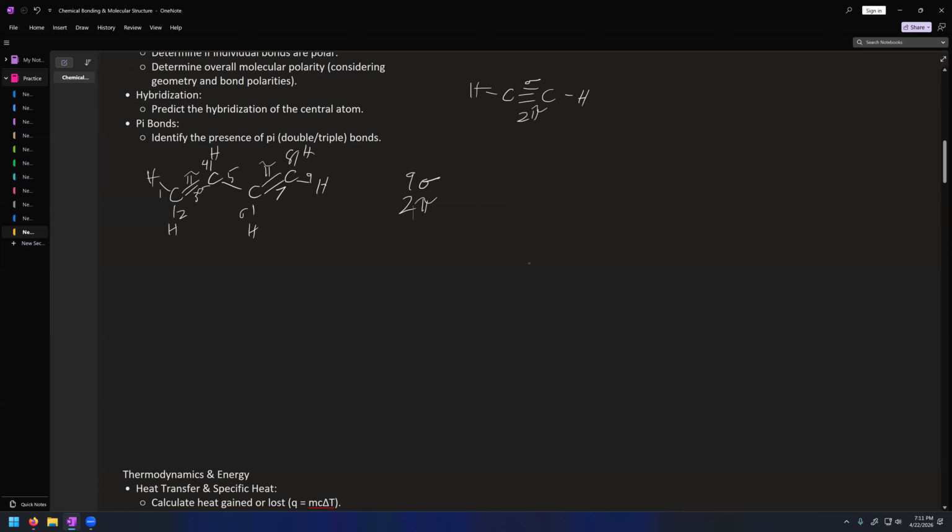The alternative version of this asked for what the number of sigma and pi bonds would be for C6H6. Now, technically, there's not enough information here to figure out what this structure should look like. A name like butadiene has a lot of complex information contained in the way that we structure that name.